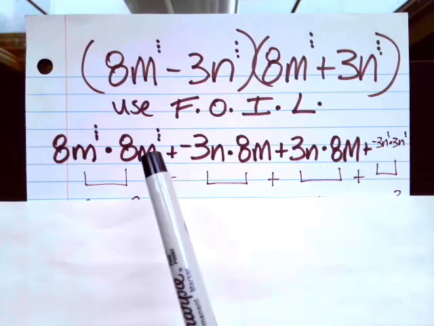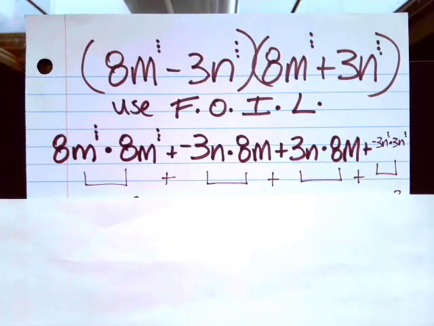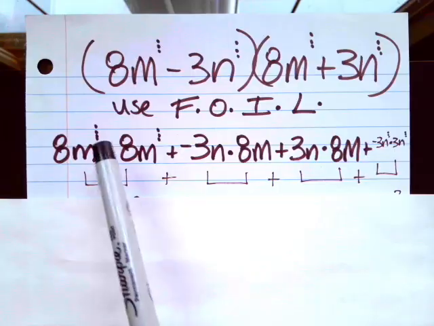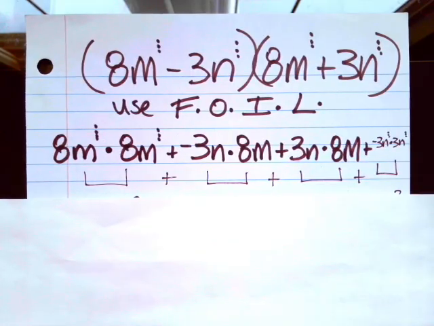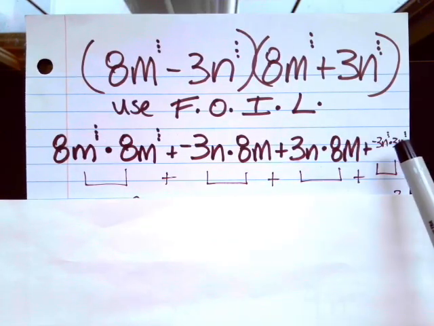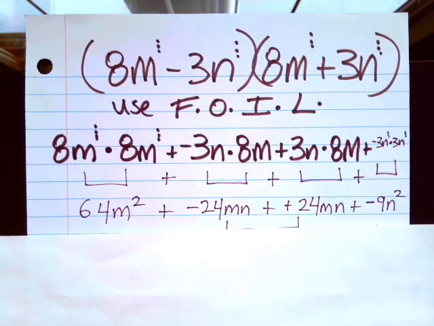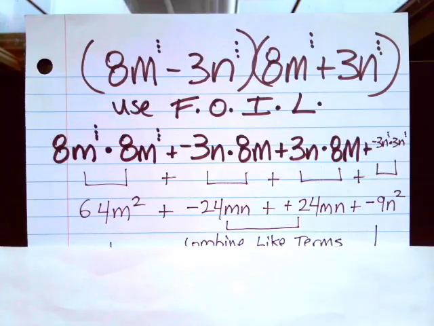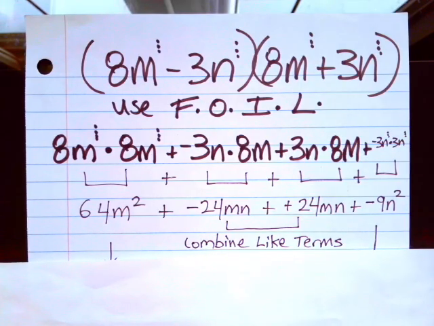When you multiply, you have the same base, you add the exponents. The base here is m and m. M times m would be m squared. N times n is n squared. So let me go ahead and show you what it looks like here. So 8 times 8 is 64.